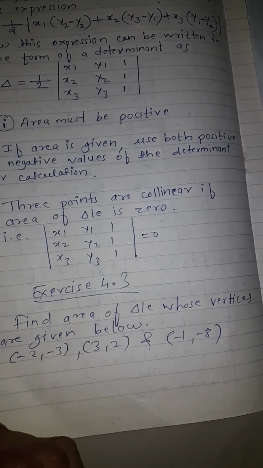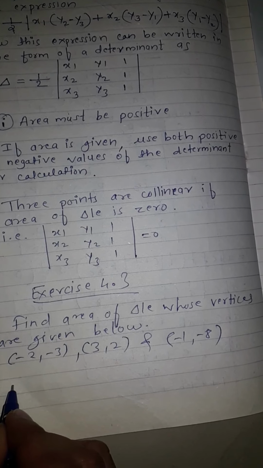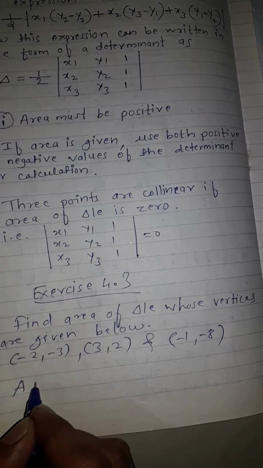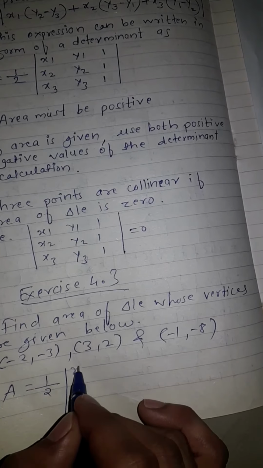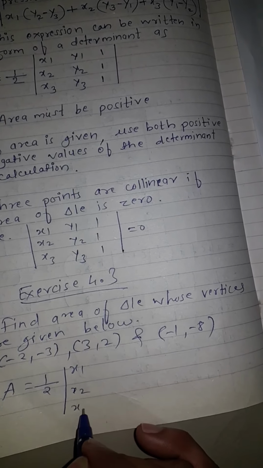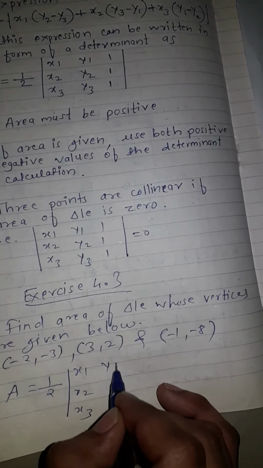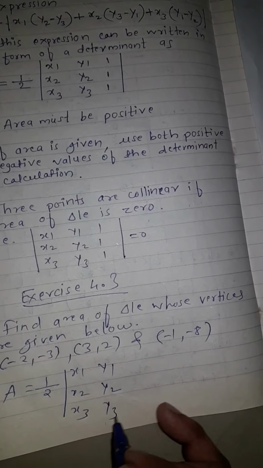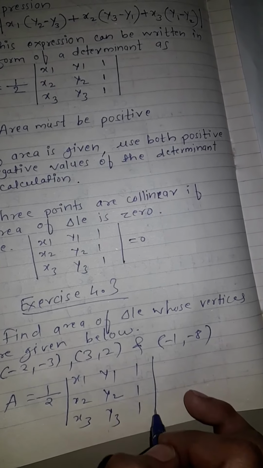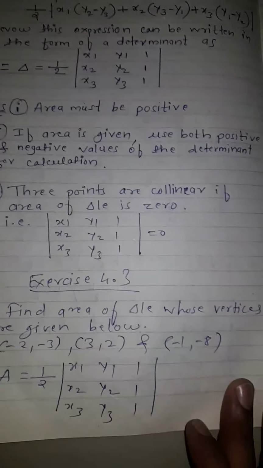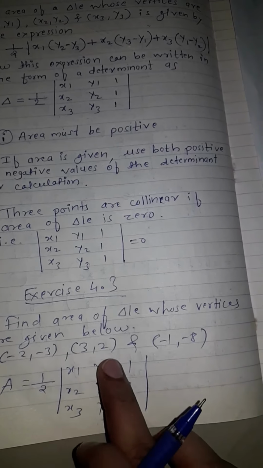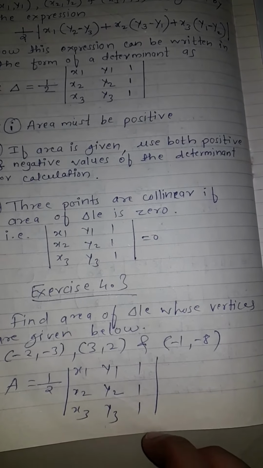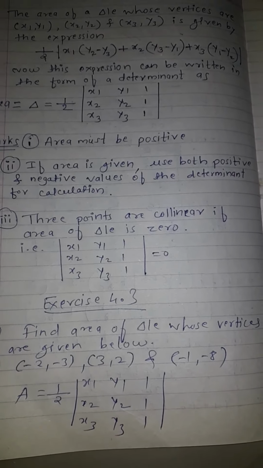To calculate the area, first we write the formula: area is equal to half into determinant of x1 x2 x3, y1 y2 y3, 1 1 1. In the formula, the first column is always x1 x2 x3, the second is y1 y2 y3, and the third column is fixed, that is 1 1 1.